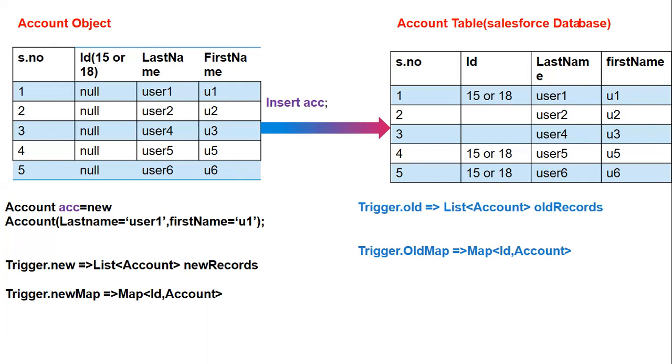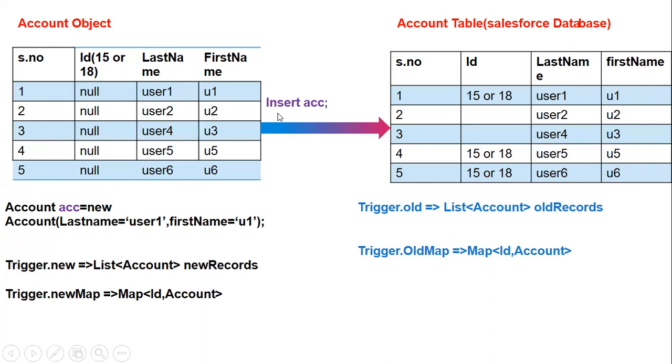User raw data means your last name and first name, which are the required fields. Trigger.newMap is also simply a map of ID comma account, where the ID is the key and the account is the value. But the keys are null before using any DML operation like insert ACC.